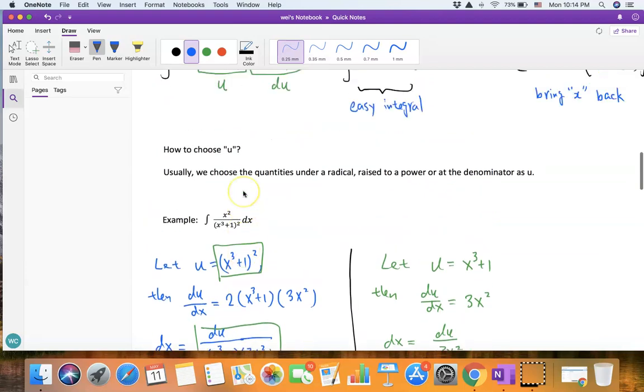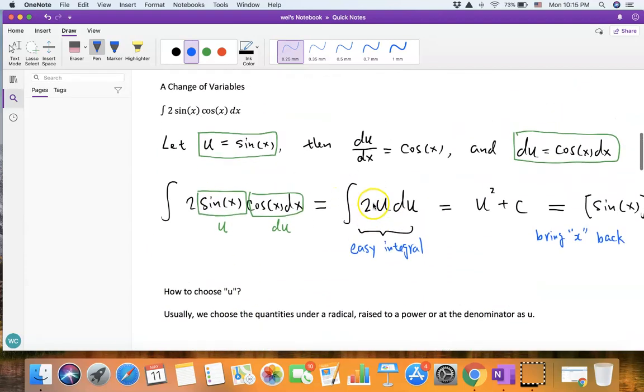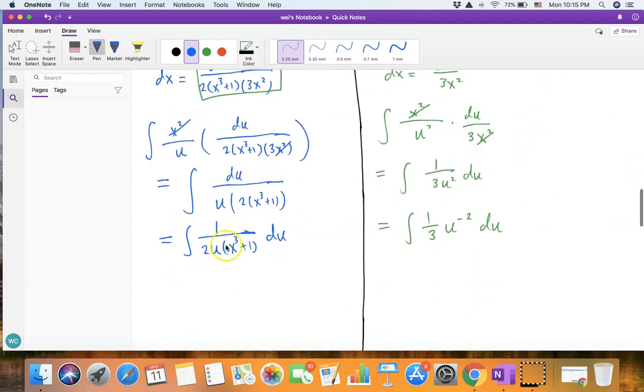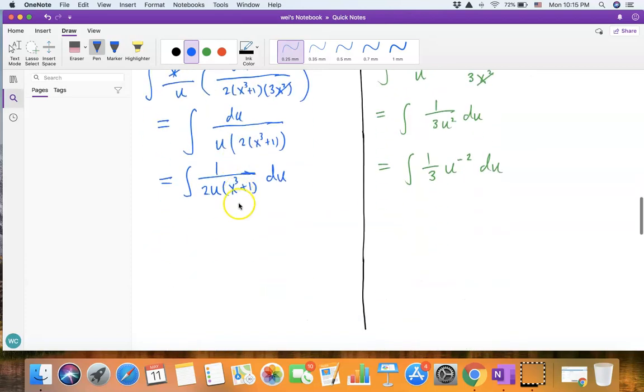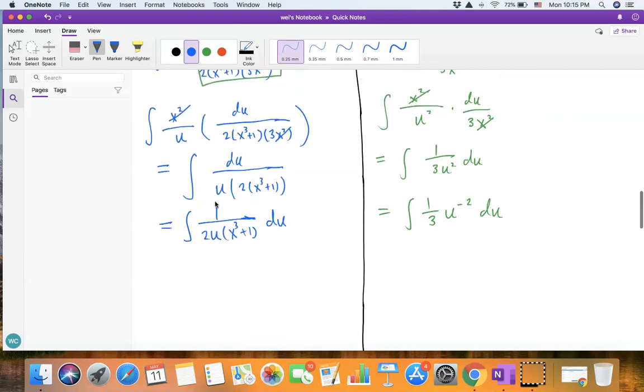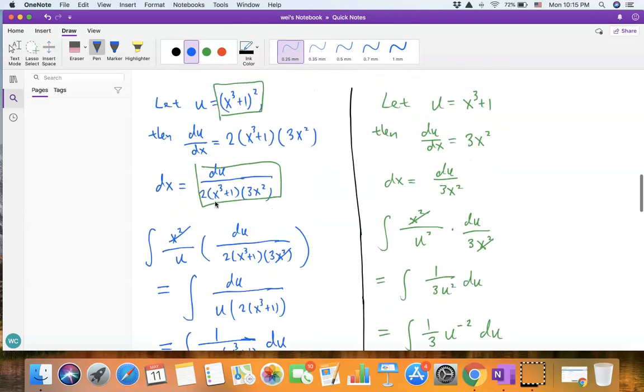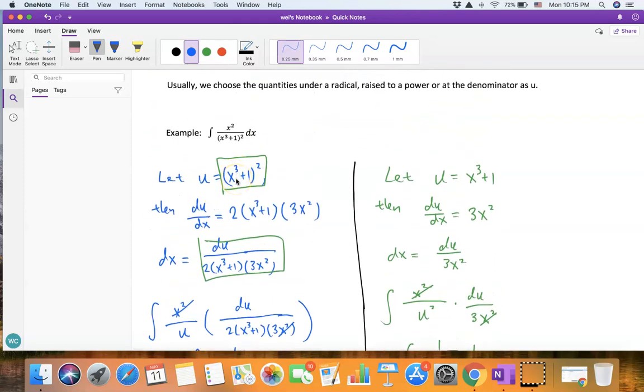If you look at the previous example, after we did the u substitution, the function became much easier, just 2u. So if you were the first person using this method, at this point you may want to ask yourself, maybe I chose the wrong u.